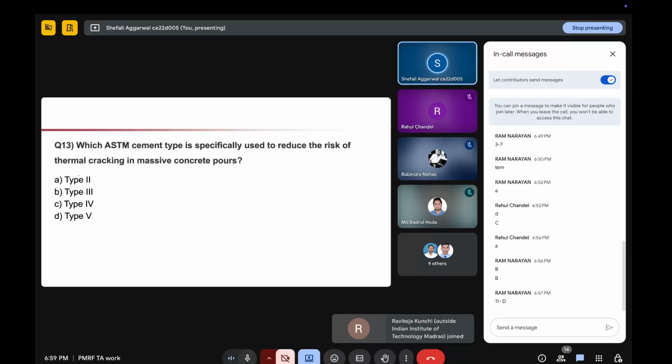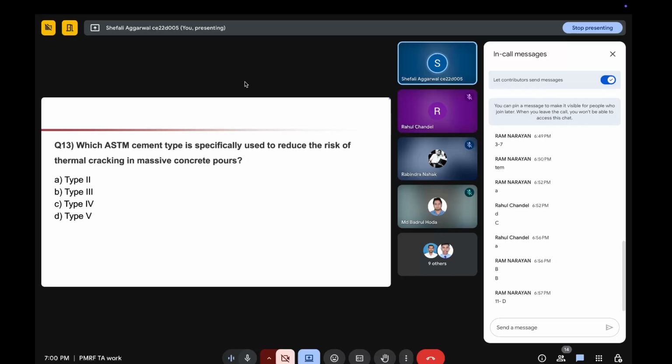So the next question is: which ASTM cement type is specifically used to reduce the risk of thermal cracking in massive concrete pours? If I give you an example, if I have to do concreting for dams where we are using mass concreting, we need some cement which has lower heat.